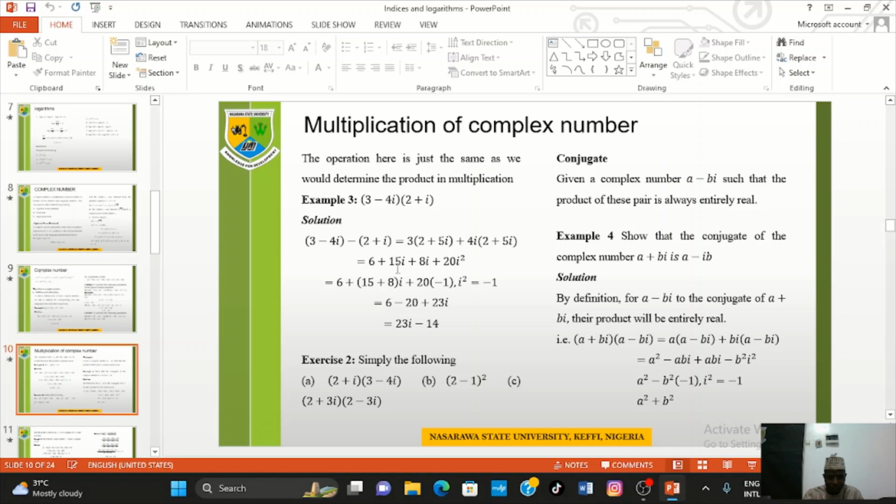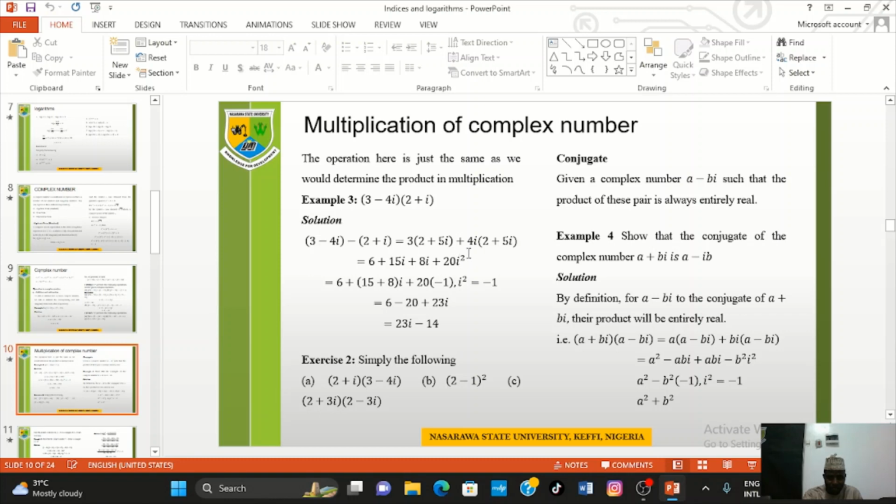So at this point, 15i and 8i, we possess the same i, so you add them together. This plus this now will give us what? The 23i.